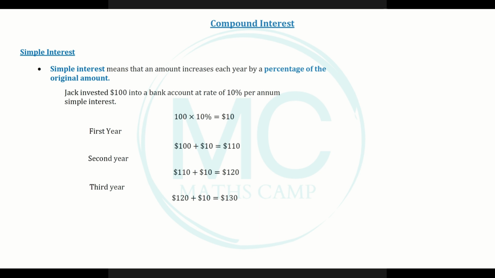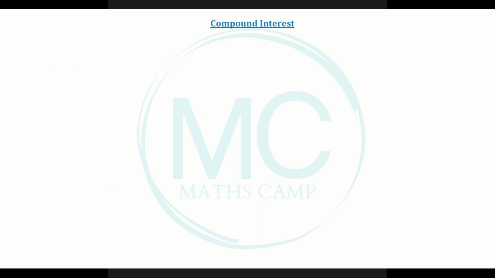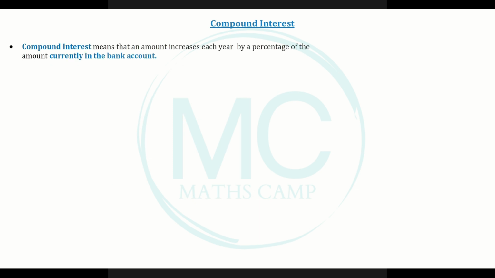From this, we can see that Jack's money increases by $10 each year because $10 is 10% of the original amount. Compound interest works differently. With compound interest, an amount increases each year by a percentage of the amount currently in the bank.